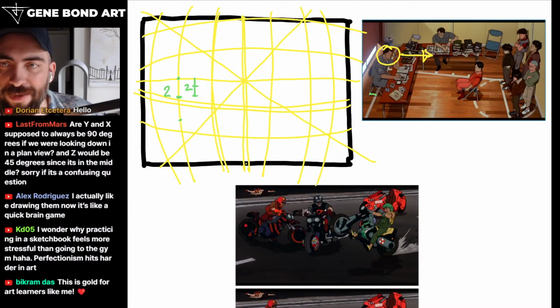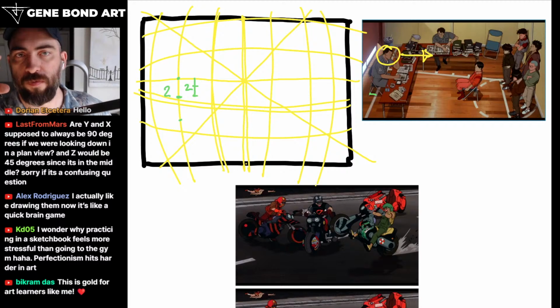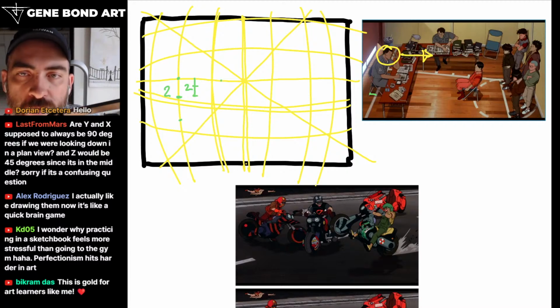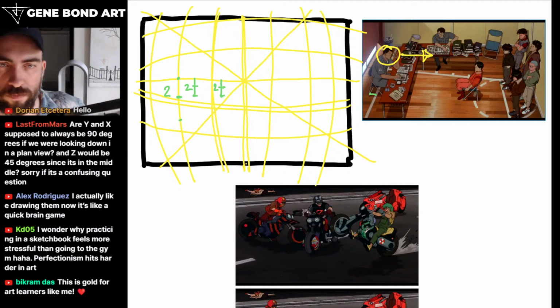So again, once you establish it's 2 models camera height, right? It means every line which goes from eye level to ground will have this ratio of 2 cubes.